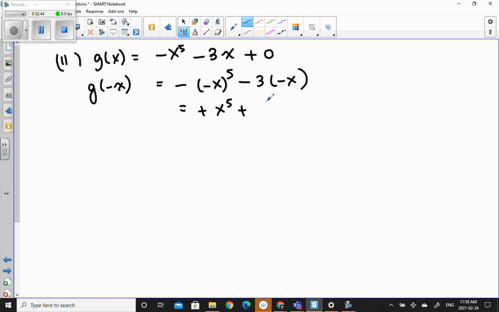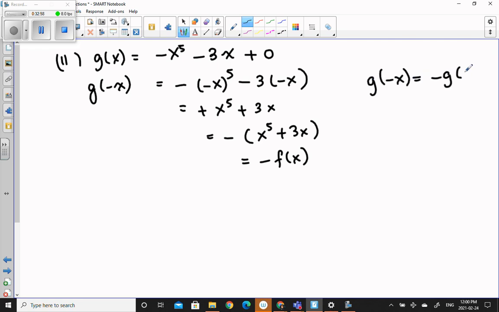So plus x to the power 5 plus 3x. So it's basically minus of x to the power 5 plus 3x, which is minus of g of x. So therefore, since g of minus x equals minus g of x, the function is an odd function.